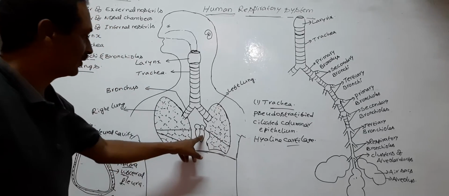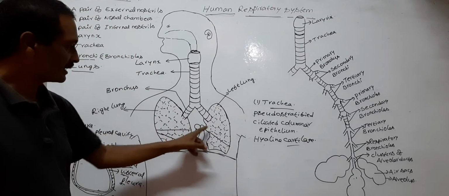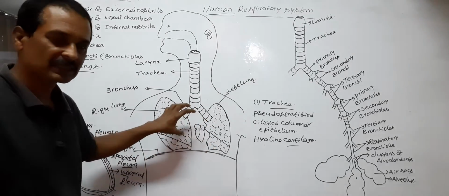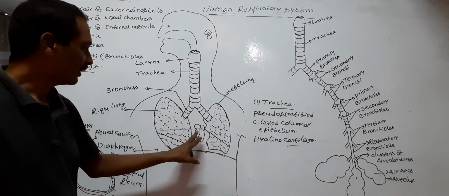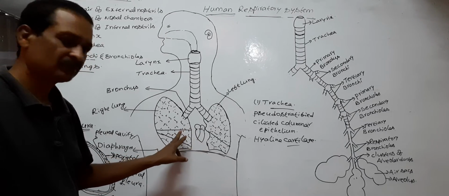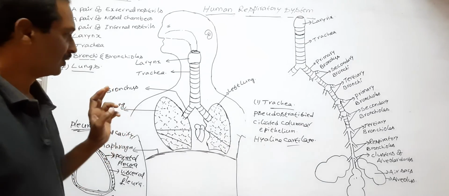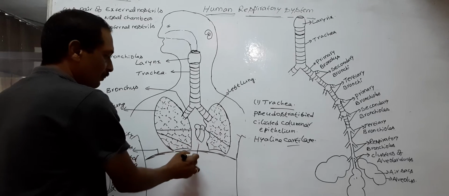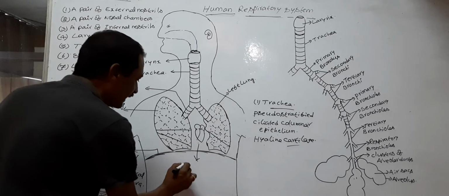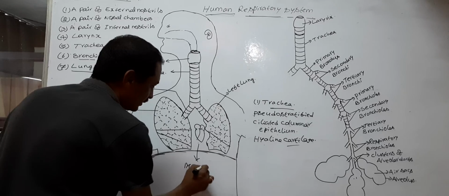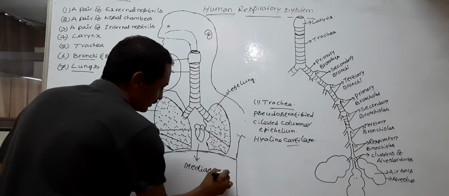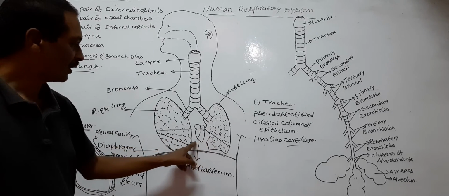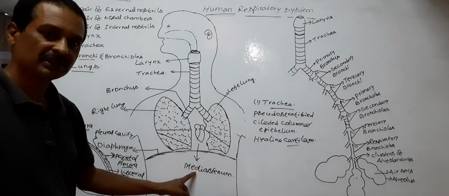A small space is present between the two lungs called the mediastinum.